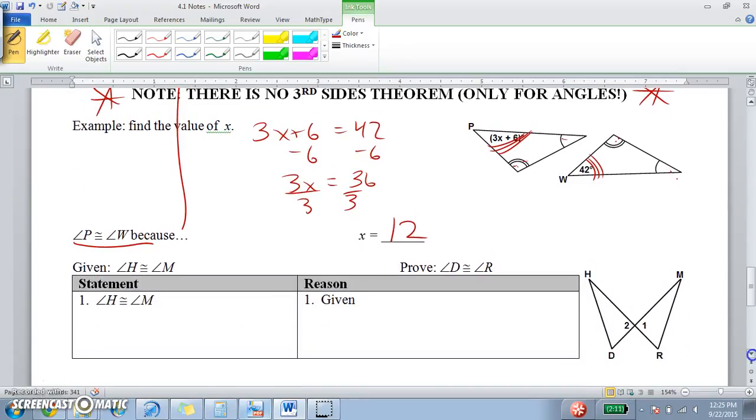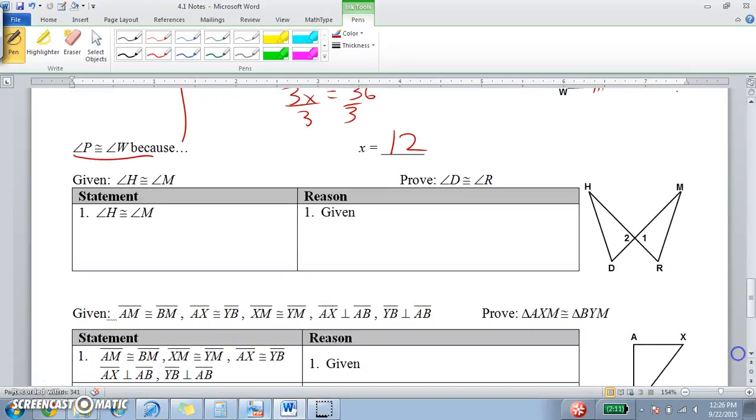Couple proofs. So, given that angle H is congruent to angle M, we need to prove that angle D is congruent to angle R. Well, if I look at the other pair of angles in this triangle, angle 1 and angle 2, I notice that those are vertical angles, so I can say those are congruent. 1 congruent to 2, because they are vertical angles, and I know vertical angles are congruent.